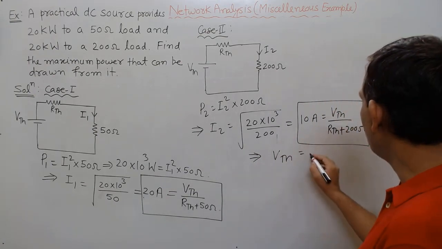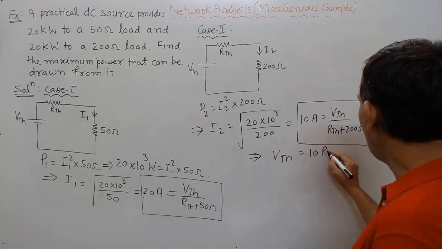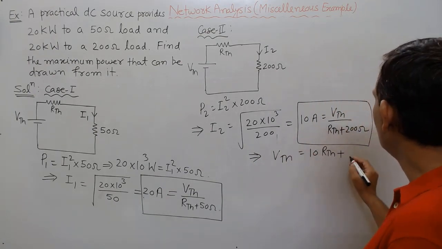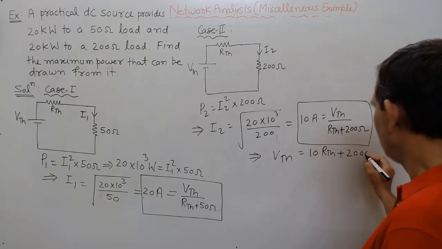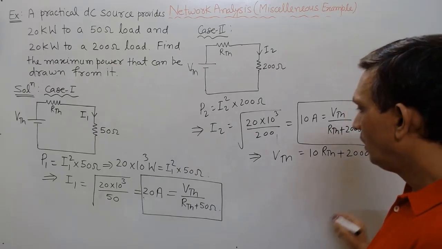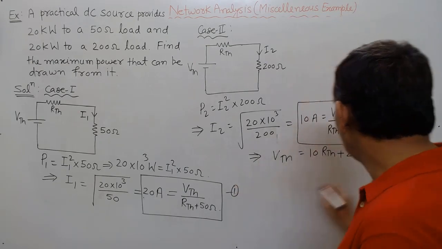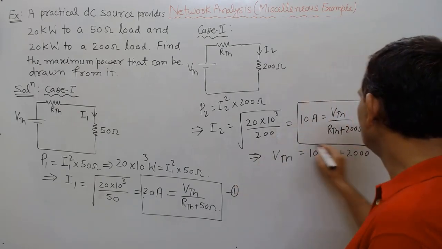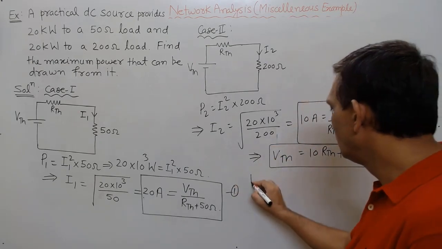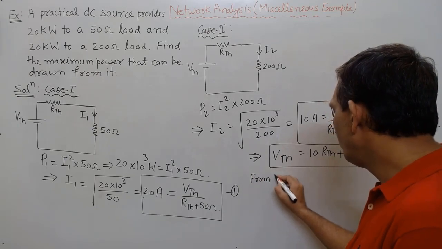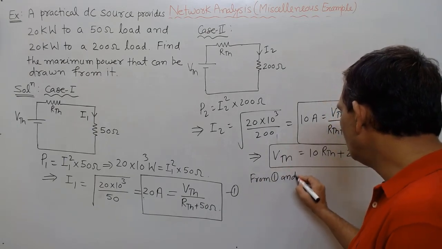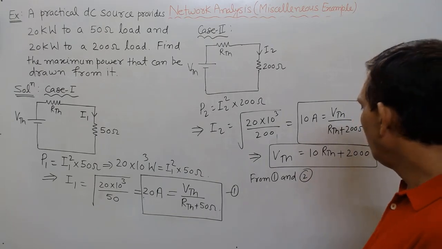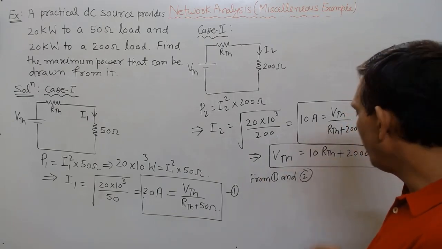VTH can be written as 10 RTH plus 2000. So you can think equation 1 and this is equation 2. So from 1 and 2, solve equation 1 and 2.